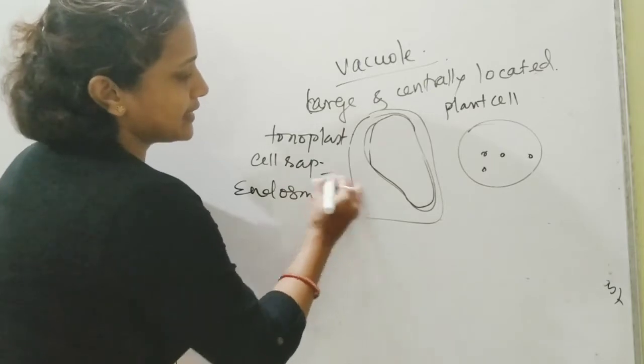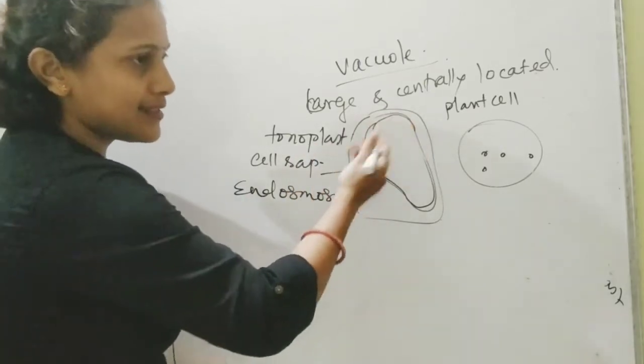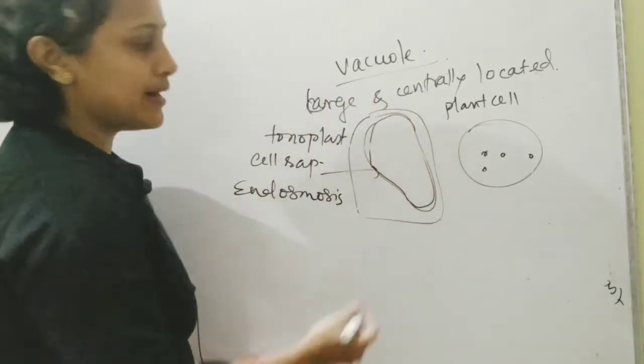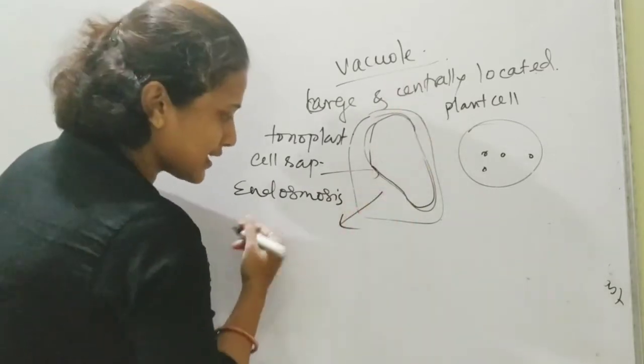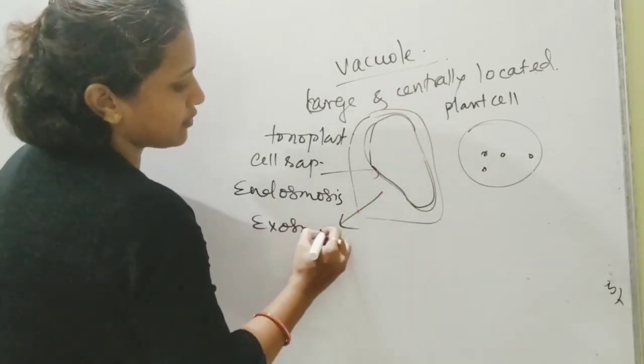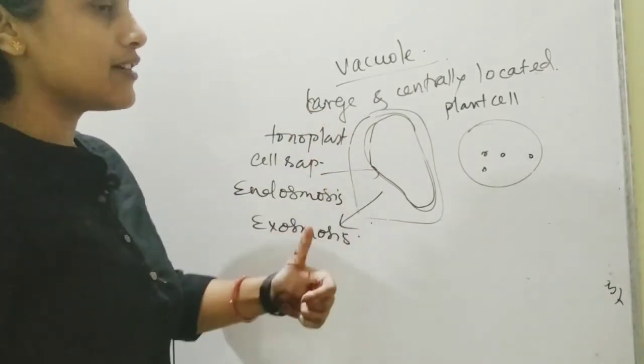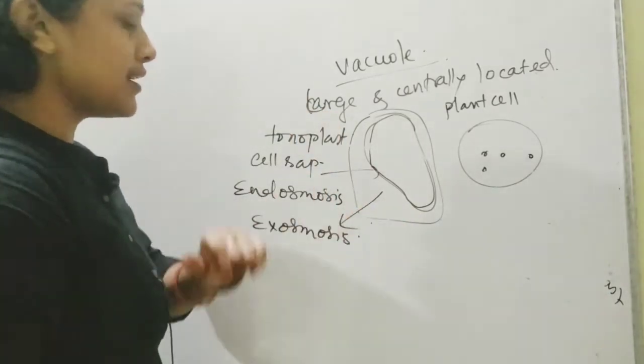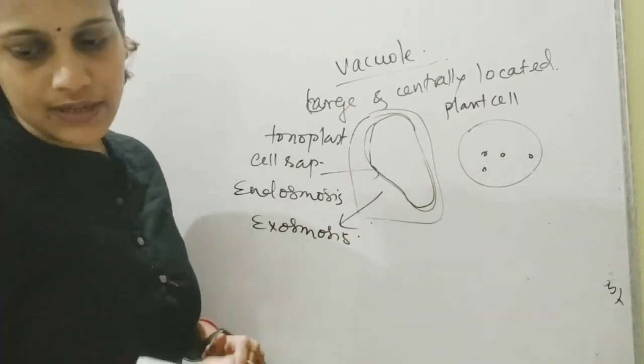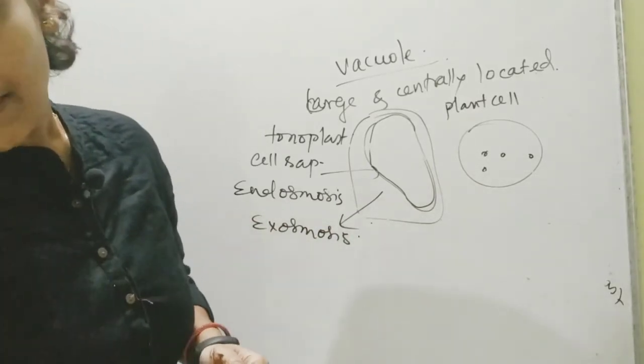The fluid will get inside. And if it is less concentrated than the outer environment, then there will be exosmosis. The contents will come out. The cell will become flaccid. Endosmosis causes turgidity of the plant cell, and exosmosis causes flaccidity of the plant cell, the process being called plasmolysis.